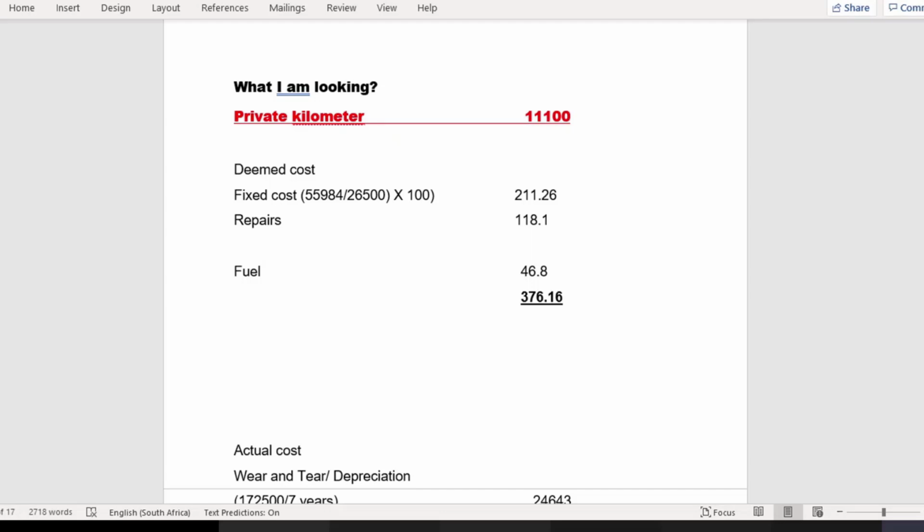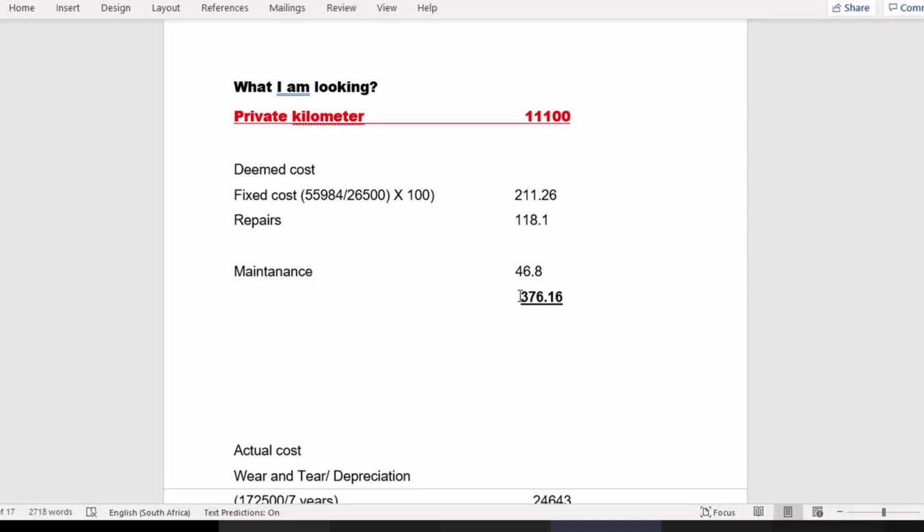You fill yourself into that bracket line, then divide it by the total kilometers traveled, and multiply by 100 to convert it to rand. The reason we do that is that we need to match the repairs cost as well as the fuel cost, or the maintenance. So this is what you do. Does that answer your question?